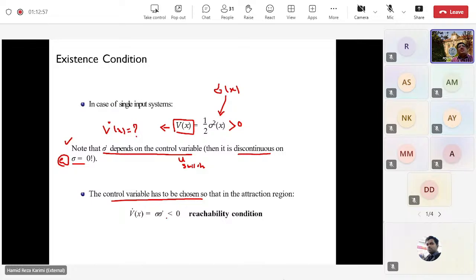So okay, one question for you: how to calculate V dot(x)?